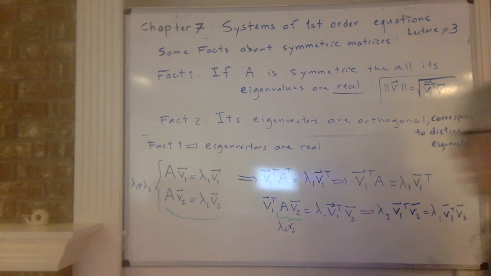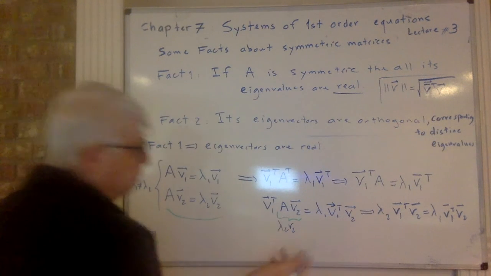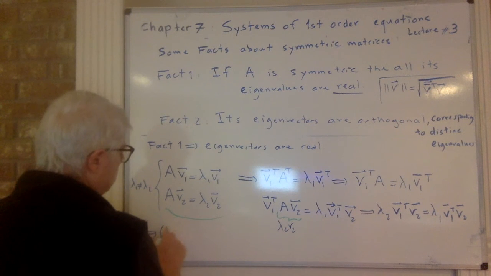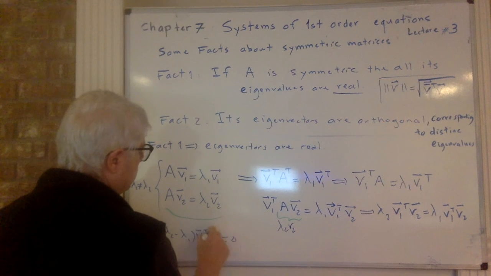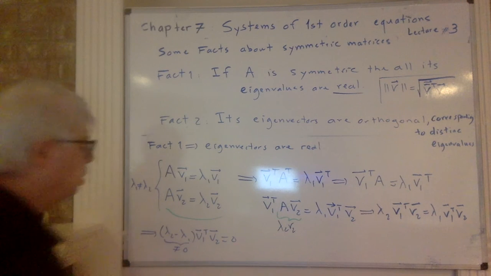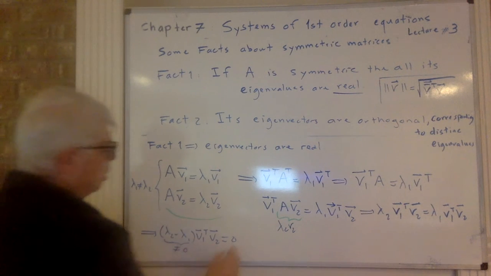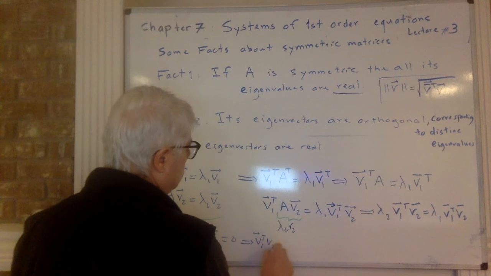If I move them to one side, say the left side, I have lambda 2 minus lambda 1 times V1 transpose V2 is 0. This is not 0, so V1 transpose V2 is 0.